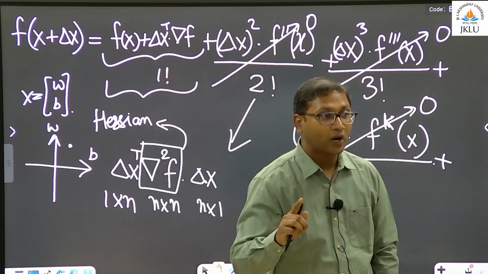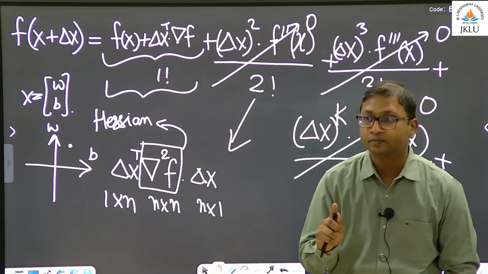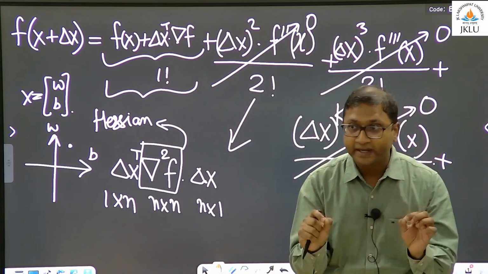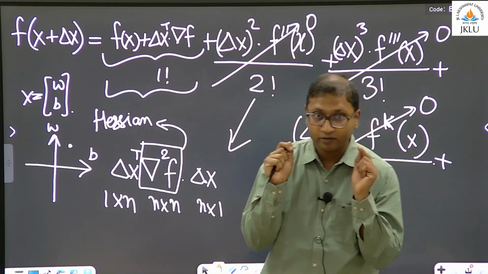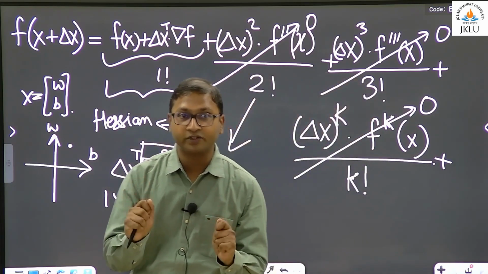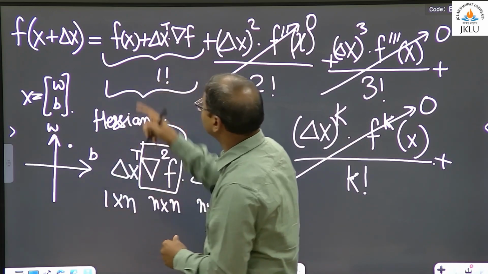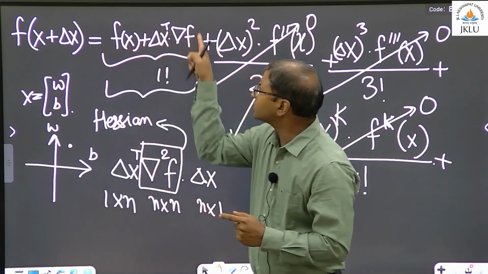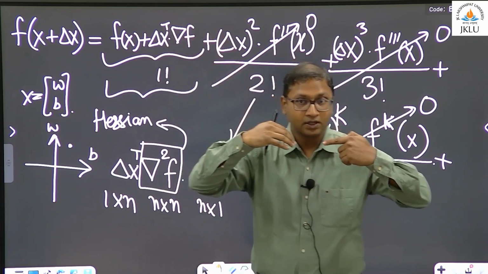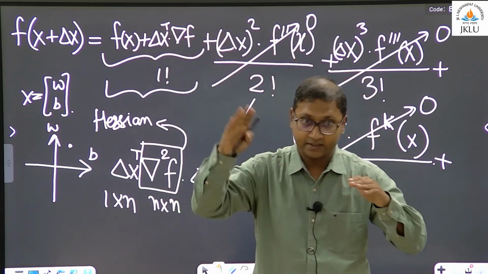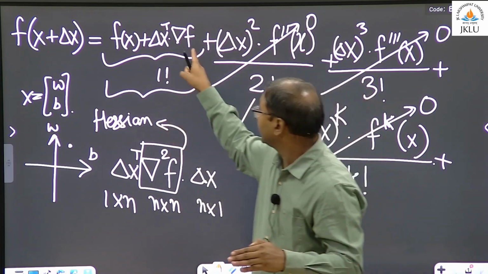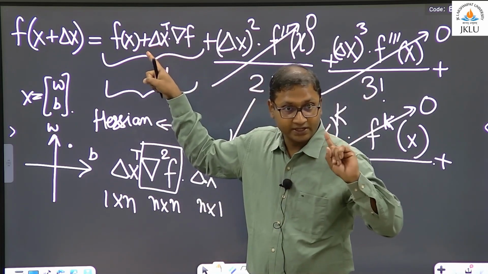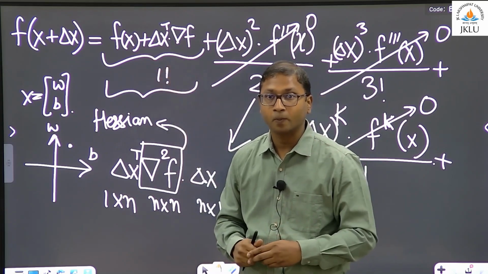Gradient. So what is the definition of gradient? It is the direction of steepest increase of the function. So what is this whole thing representing? Increase. Gradient is giving me the direction of increase. What do I want?